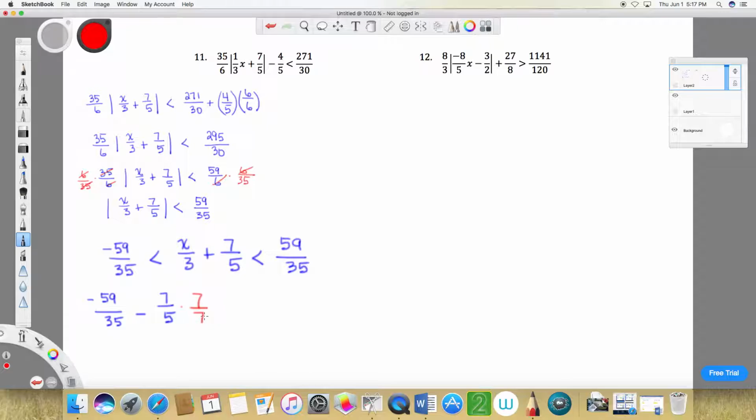That's 1, but 5 times 7 is 35, and that gets me a common denominator. When I subtract 7/5 in the middle term, those cancel. And over here, when I subtract that 7/5, again, I'm going to multiply by the number 1, but I'm going to pick 7 over 7, so that way I have a common denominator.